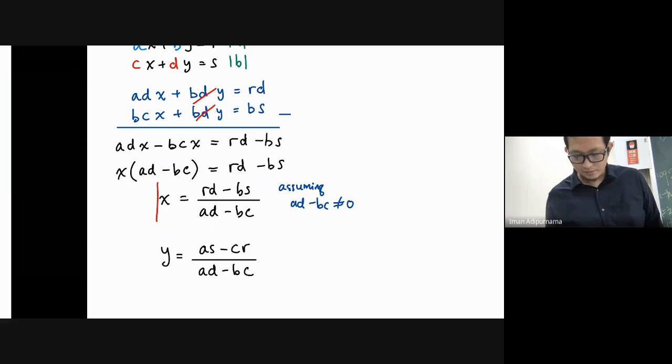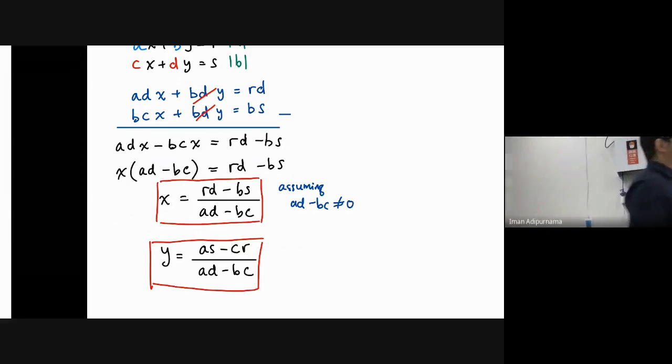Now it has an interesting pattern that we can also use in new equations. So you have the a d minus b c. Remember a d minus b c from the determinant, right?